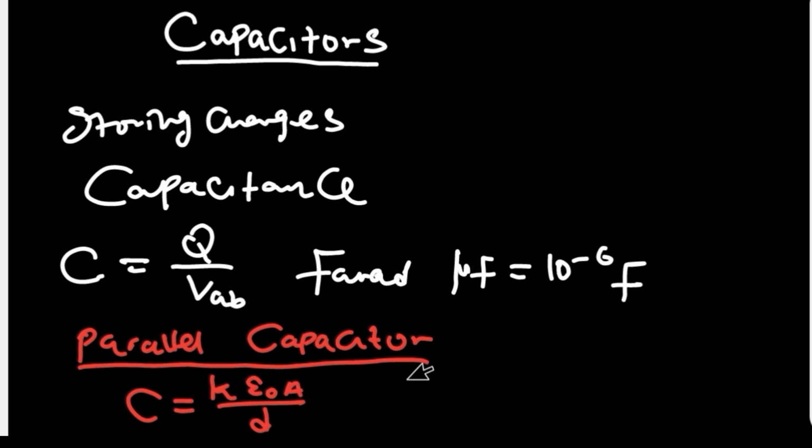Since both plates have the same area, just take one of the plates. D is the distance of separation. C is the capacitance measured in farad. Are we getting it now?